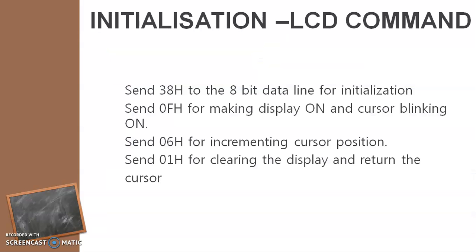Next, to program your LCD display, it is to be provided with the LCD initialization commands. So we can pick up the initialization commands, like I have taken 38H. That means it is an 8-bit 5x7 2-line display which is attached to the port. Okay, and then by sending the command 0F, the display is made on and the cursor is made to blink.